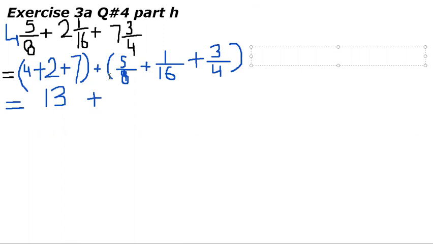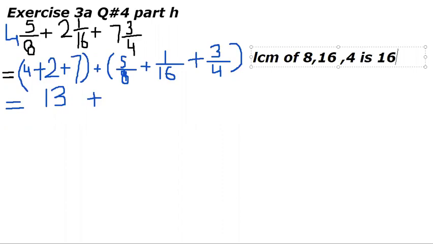Now I am simply telling you the LCM of 8, 16 and 4 is 16.